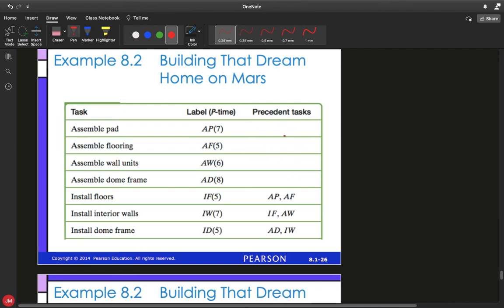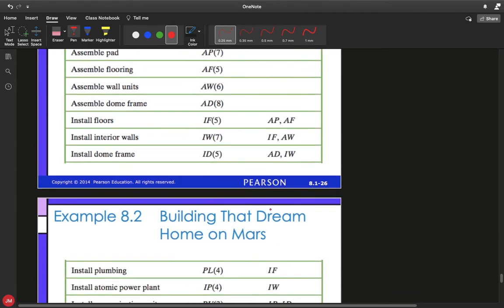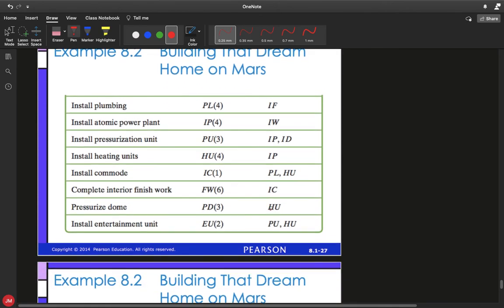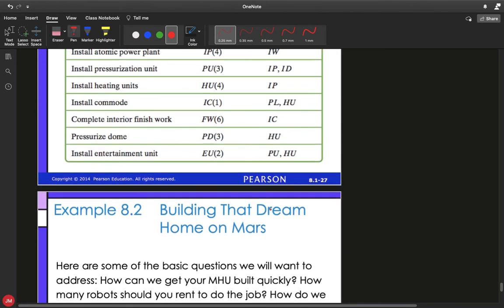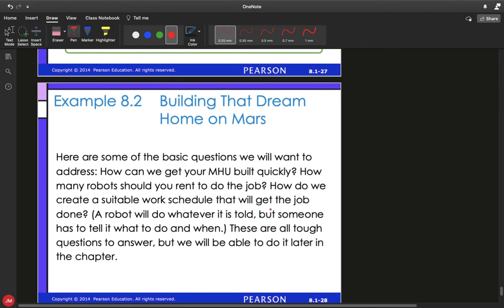So obviously, assembling the pad, you don't have to do anything else before that. Same with flooring, wall units, and dome frame. But when you're ready to install the floors, you have to assemble your pad and your flooring first, obviously, before you can install the floors. So 2 precedence tasks for that. And then you can see as we get into some of the other tasks, there's going to be quite a bit going into this problem.